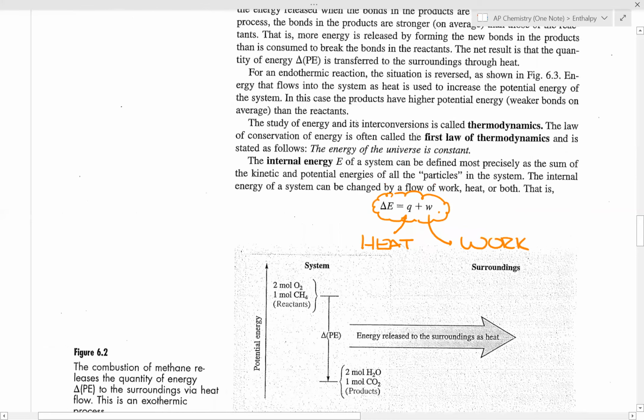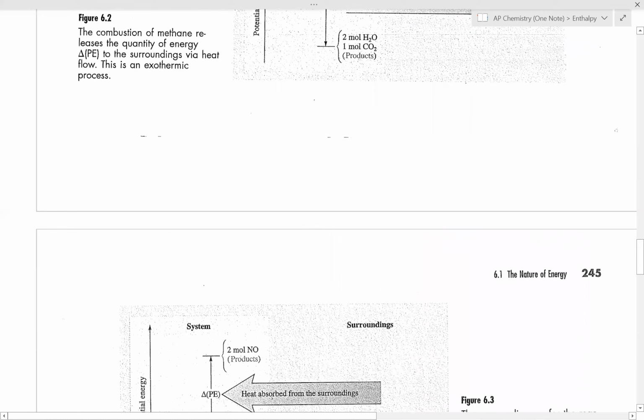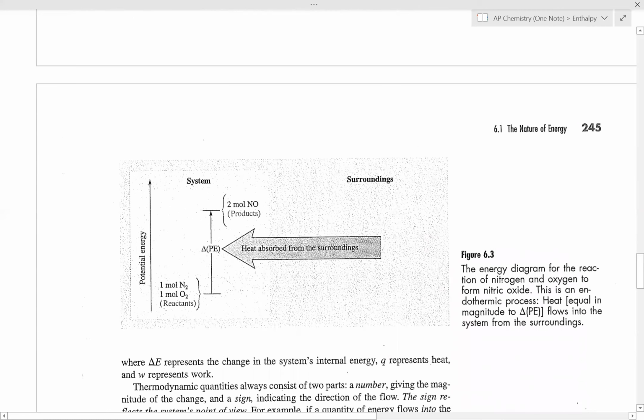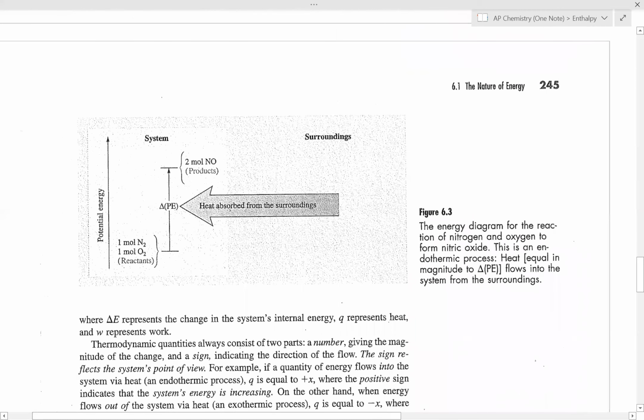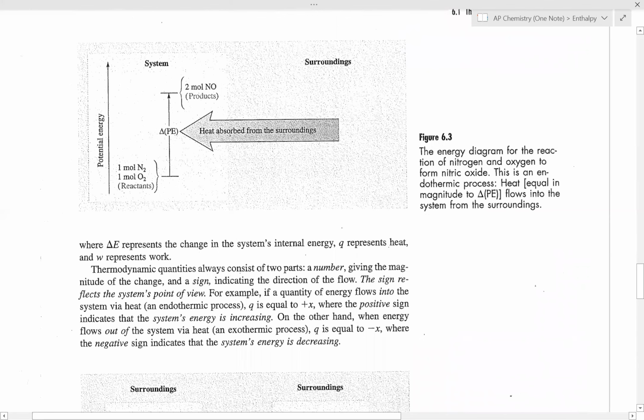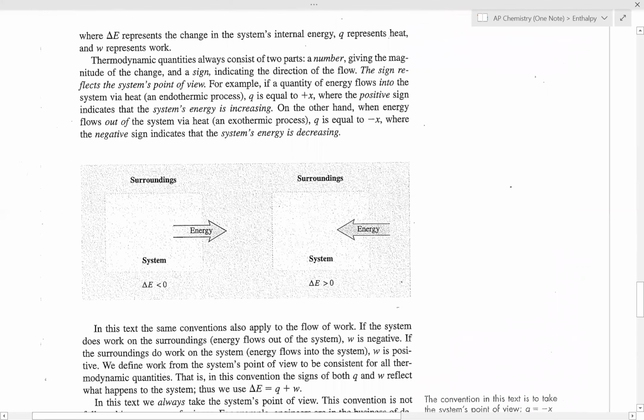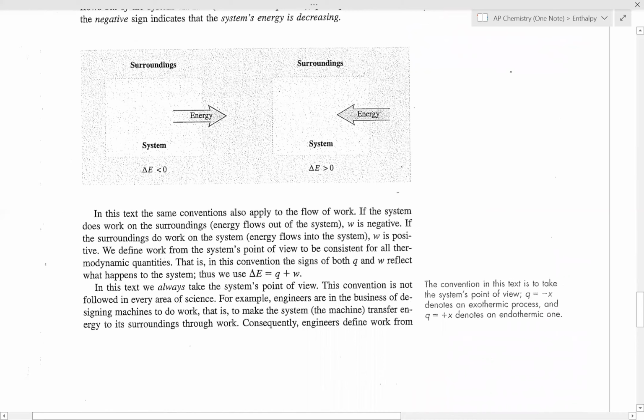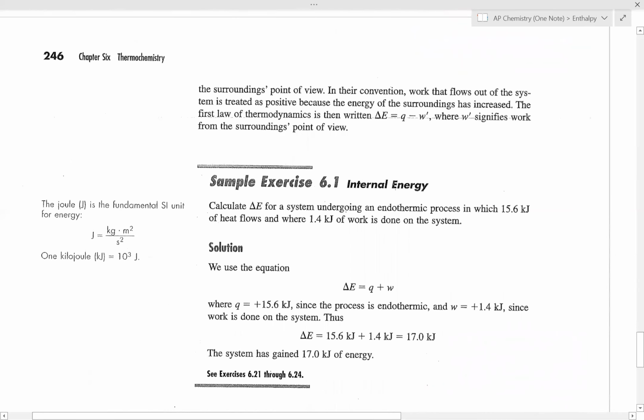If you take a look at the bottom of page 244, top of page 245, they give you some examples. And on page 246, they give you a little introduction, a simple sample calculation to calculate how much energy is changed in a chemical reaction.